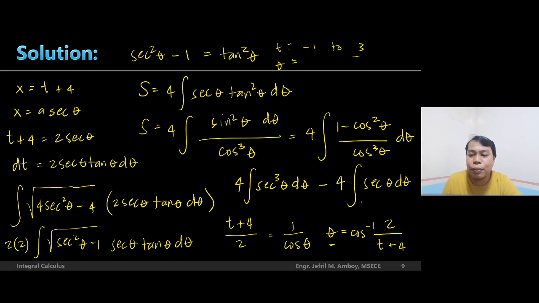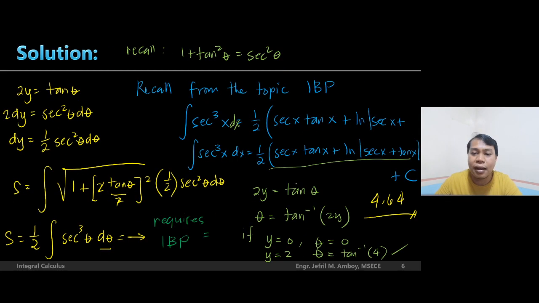Okay? So, pwede mo na siyang i-calculate ngayon. Now, para sa mga undergrad, kailangan pa rin na ipakita yung solution dito. So, kanina kasi, na-discuss ko na sa inyo yung integral ng secant cube theta. Now, kanina lang, x yung ginamit ko. No? So, yung integral ng secant cube theta d theta is, pakita natin dito, ito yon, no? 1/2 times sec x tangent x plus ln of sec x plus tangent x.